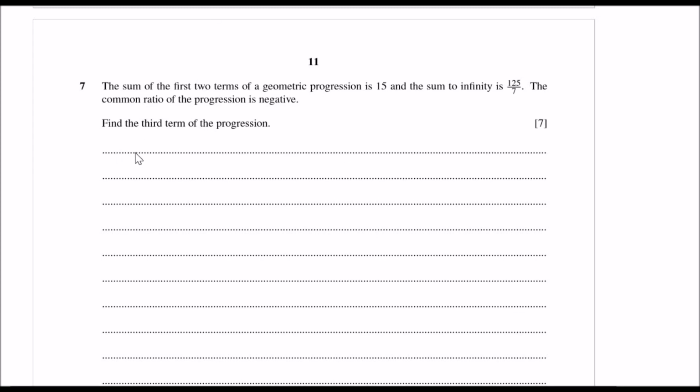So, let the first term be A, and the common ratio be R. Then the second term will be given by A times R, right?